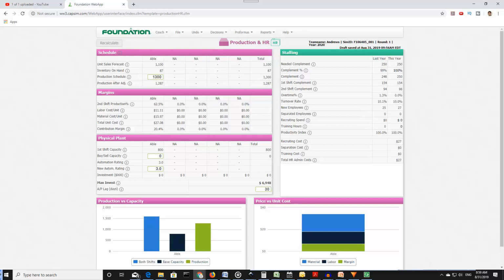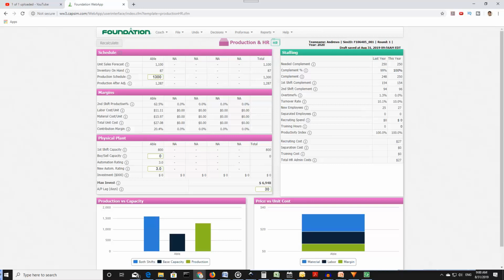Beneath the first shift capacity is the amount of increase or decrease in capacity you will make during the coming year. By entering 100 in this space, for example, you will expand your first shift capacity to 900,000 units next year. You could also sell some capacity by entering a negative number. This allows you to realize some salvage infrastructure costs, but this also limits the capacity further in future rounds.